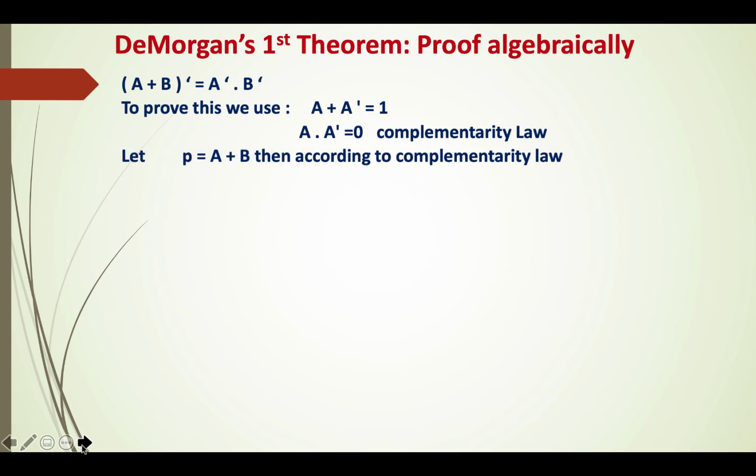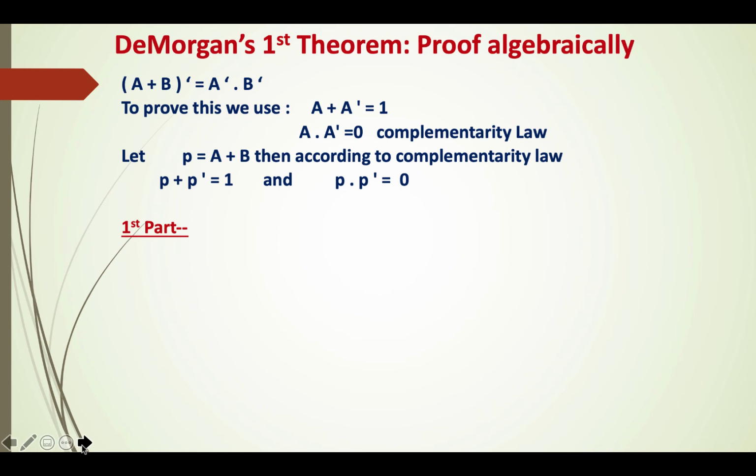To prove this, let us assume P equals A plus B. Then according to the complementary law, P plus P dash equals 1 and P dot P dash equals 0. So if we are able to prove P plus P dash equals 1 and P dot P dash equals 0, it means we have proved the first theorem.